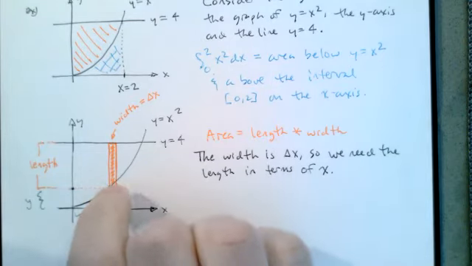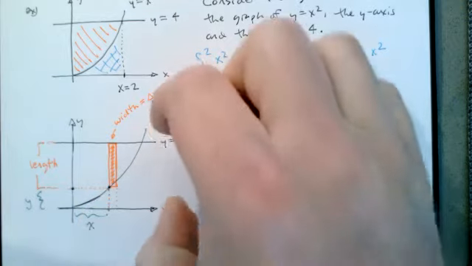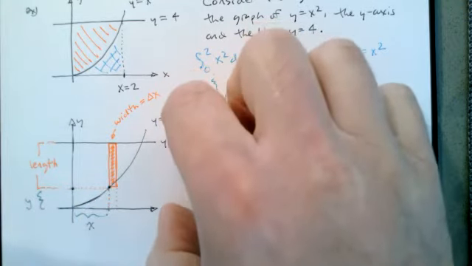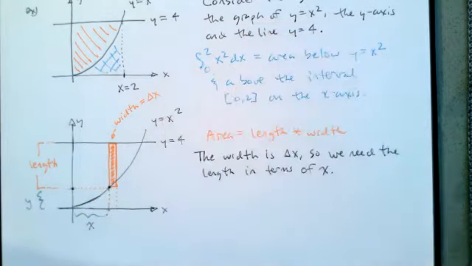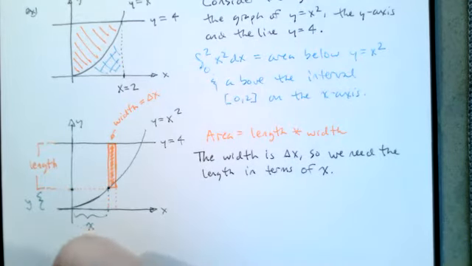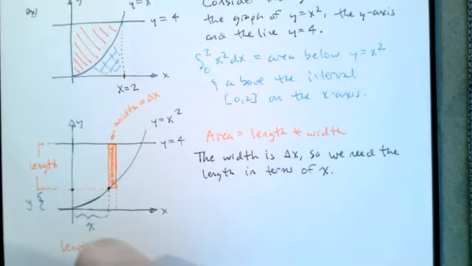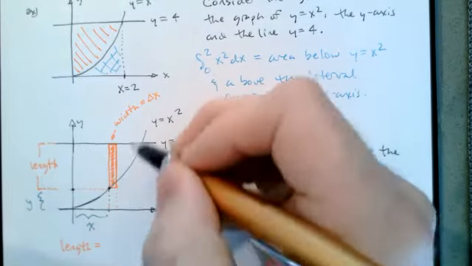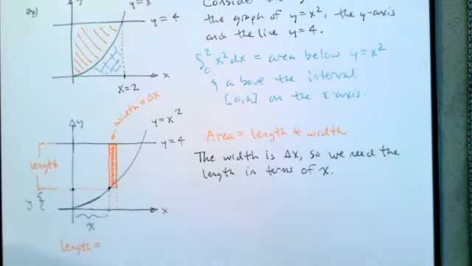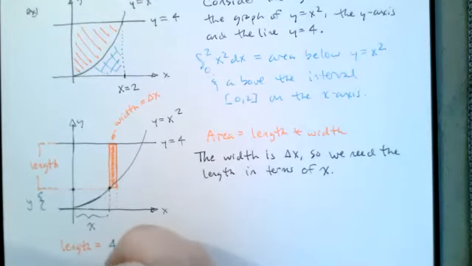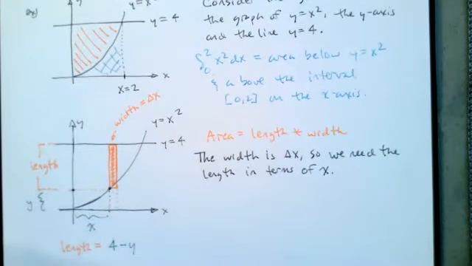From the x-axis to the function is the length y, and the total distance from the x-axis to 4 is 4. So I can write that the length is equal to a total of 4, then subtract the y. So 4 minus y. The total is 4. One piece is y, so the other piece is 4 minus y.